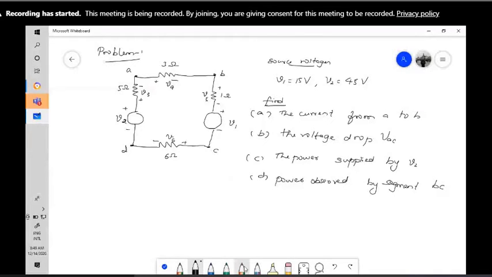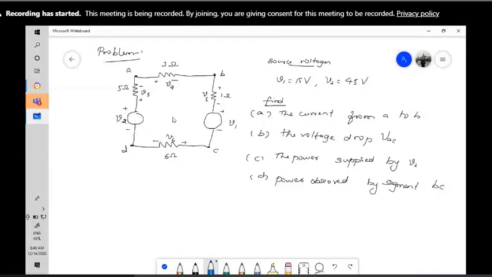Whatever I am going to write in blue ink is the solution. Whatever I have written in black is part of the question, and whatever I write now in blue is part of the solution. So to make the analysis, I am going to apply Kirchhoff's voltage law.